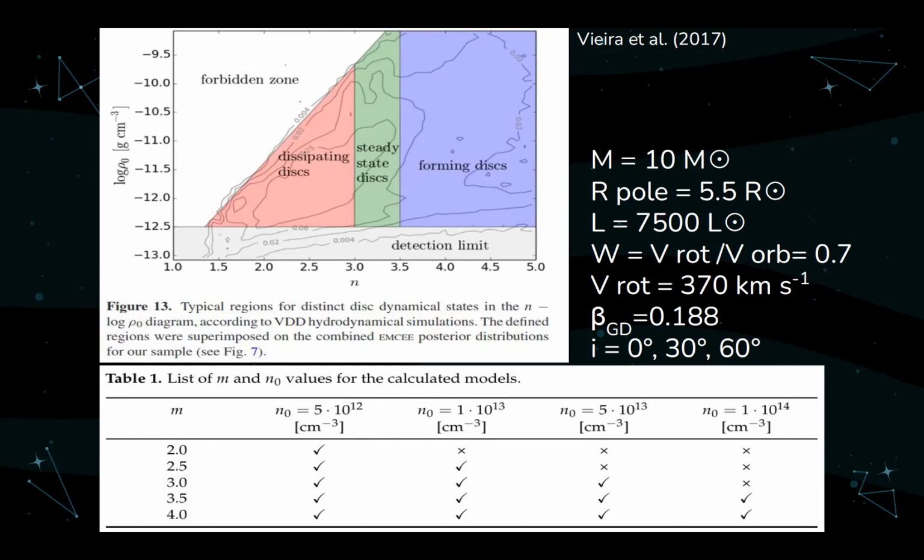So this is the rotational widening that you can see in the star, but it's not related to this equivalent width increase.